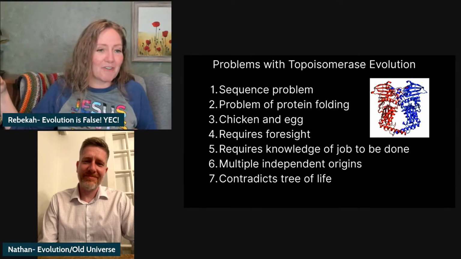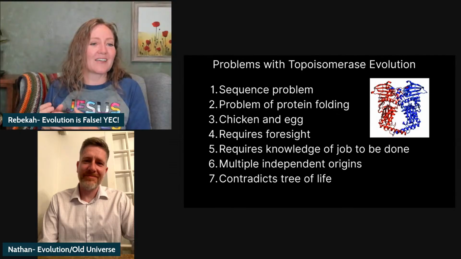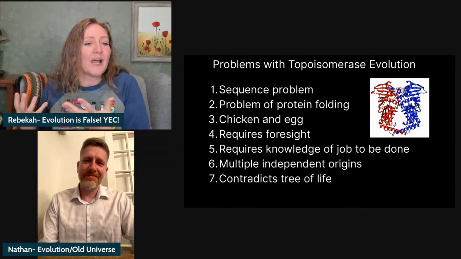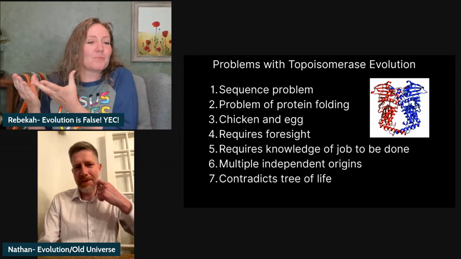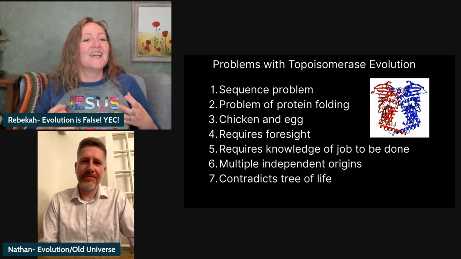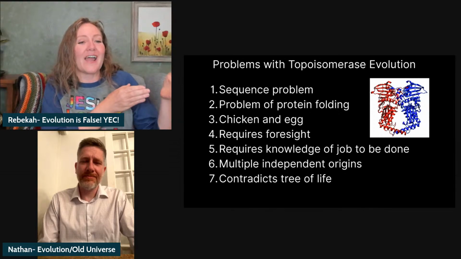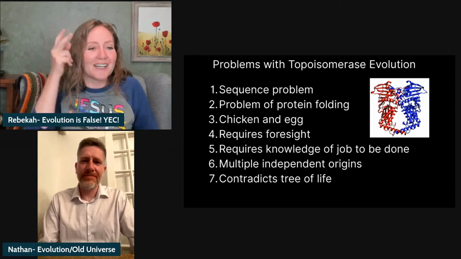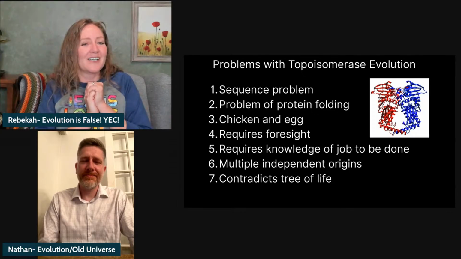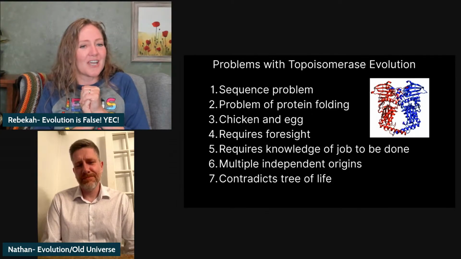How does a string of amino acids that's folded together know what it needs to do? It's a fantastically built machine, but how does the machine get the information that it needs to go over at this particular time and cut the DNA and untwist it and splice it back together? So it requires knowledge.